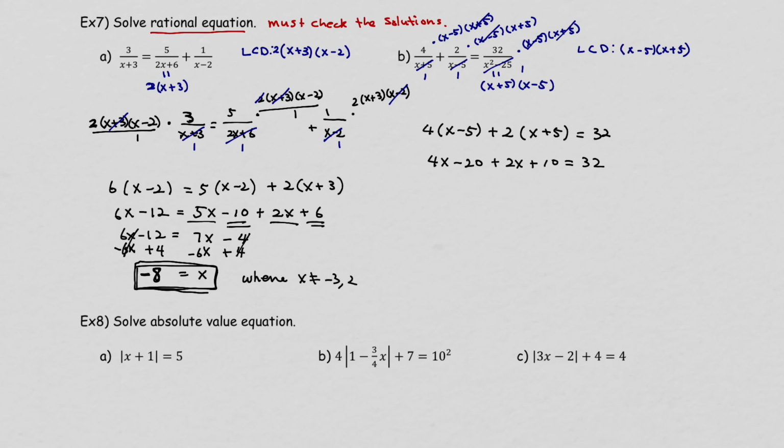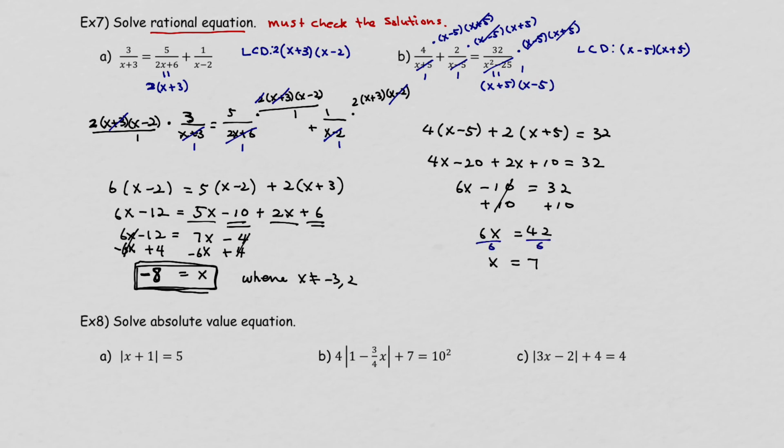Let's simplify before you start moving around. Let's put the numbers with the variable together, and without the variable on the other side. Dividing by 6, you get 7.